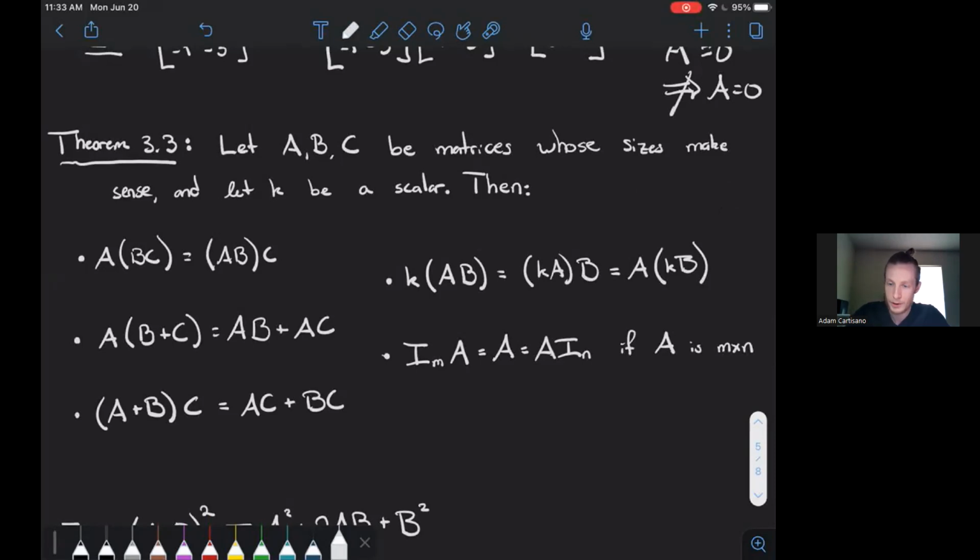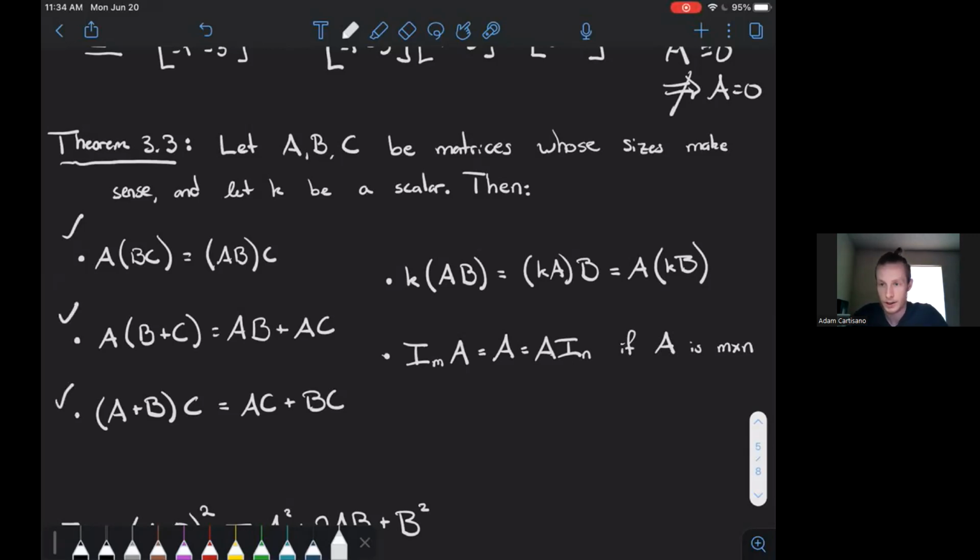Okay, matrix multiplication is associative. If you multiply two matrices and then multiply on the left by a third, you could have multiplied by the first two and then multiplied on the right by the third. Matrix multiplication is distributive. So it's left distributive and right distributive.